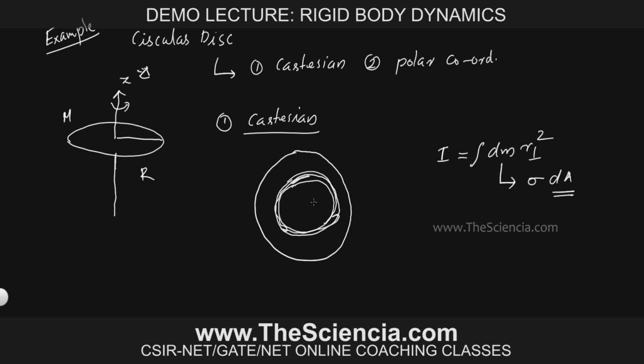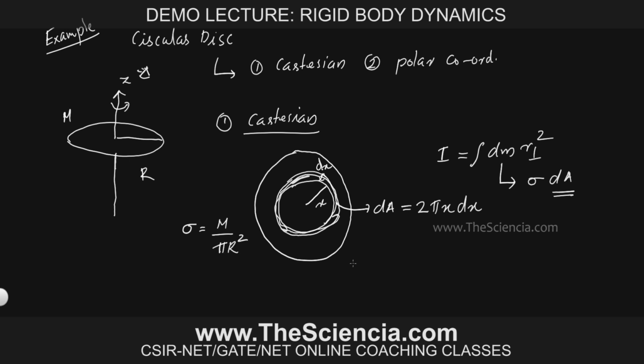From the origin this is x, and this thickness is called dx, and this small area is dA, and dA equal to, you know, 2 pi x dx, right? And we know sigma is equal to total mass by total area. Total area is pi r square.